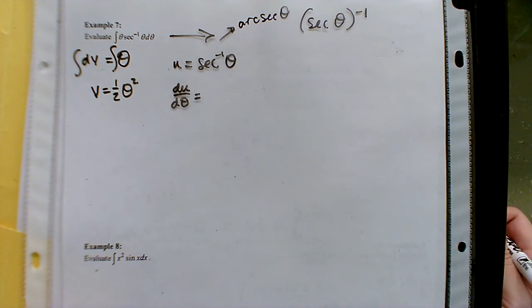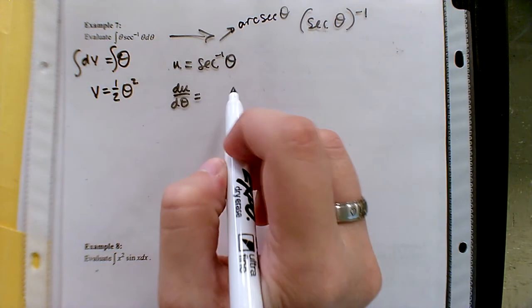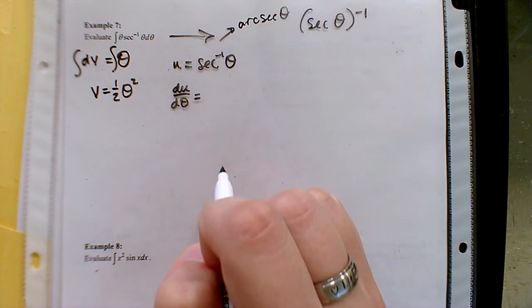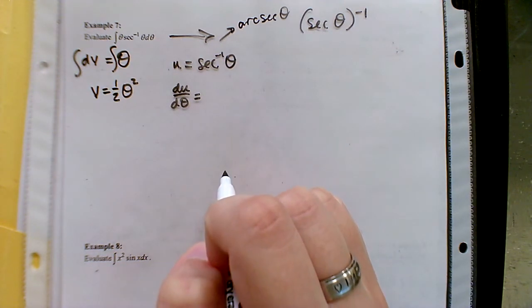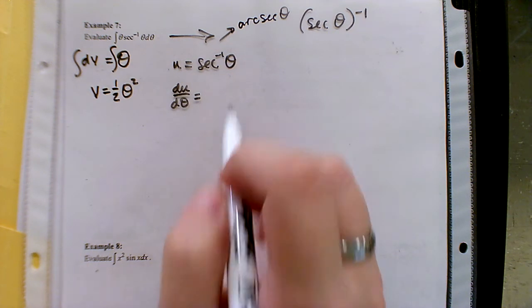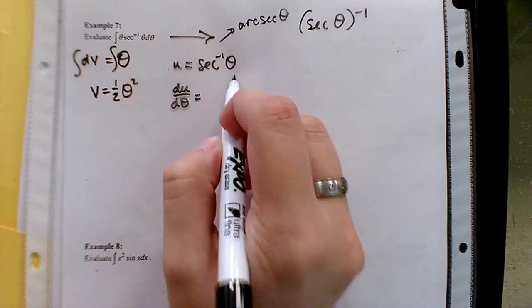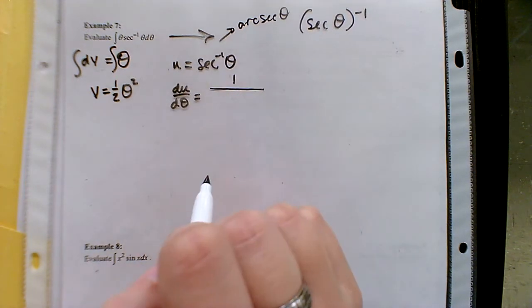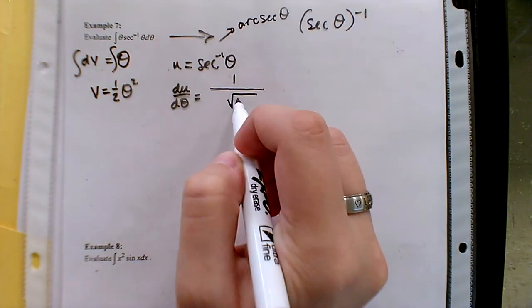You want to give it a shot? I know that doesn't have a tangent in it. No. Or a sine or cosine. No. Let me guess, it's 1/square root of x minus 1.